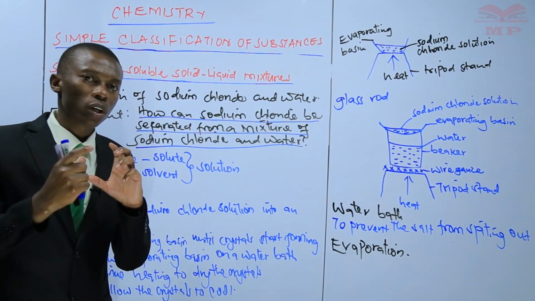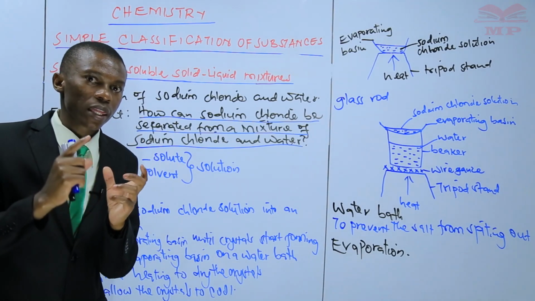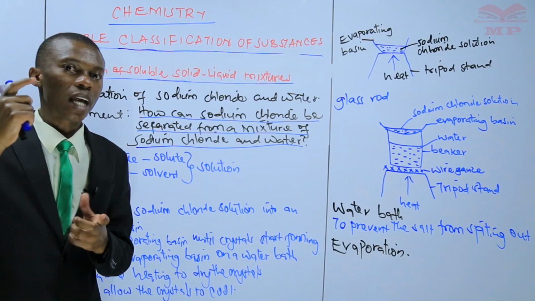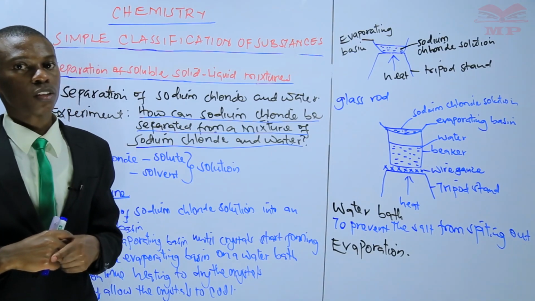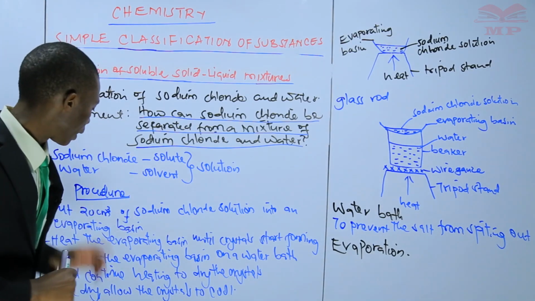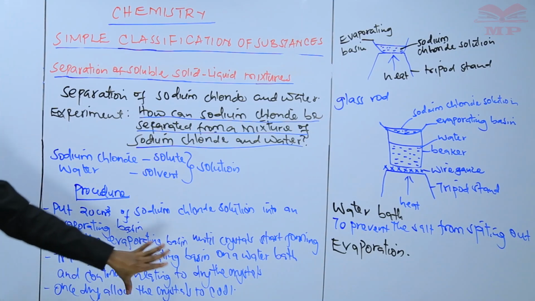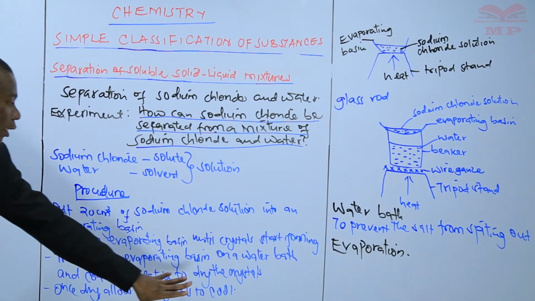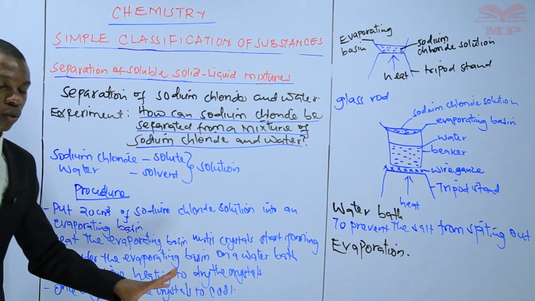Therefore, when you heat that solution, the water evaporates, and at long last you'll be left with sodium chloride crystals. And that's why we say that you transfer the evaporating basin onto a water bath and continue heating to dry the crystals.